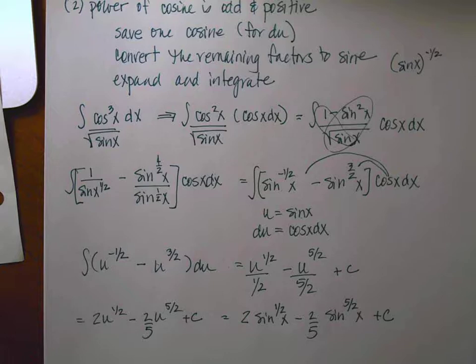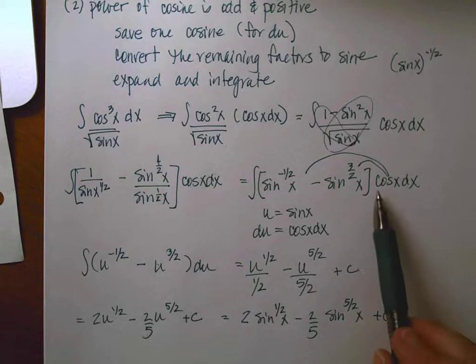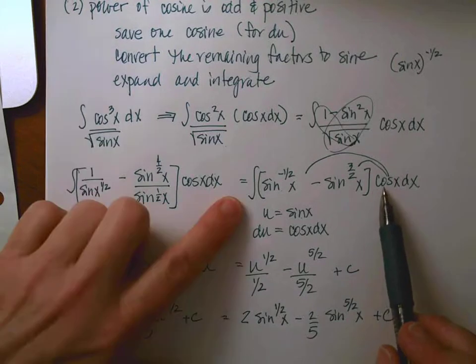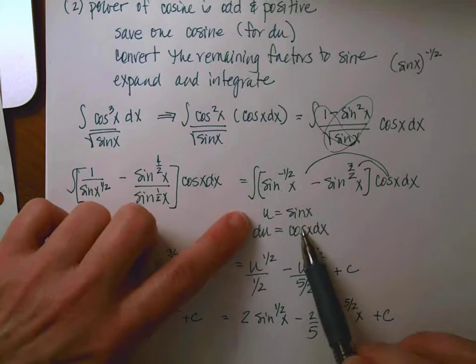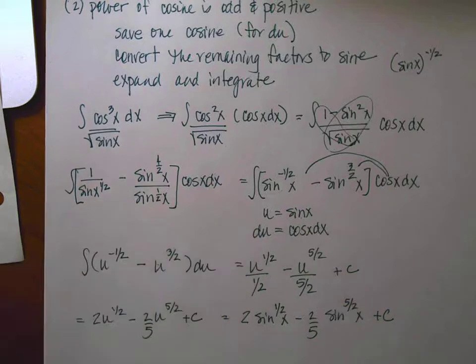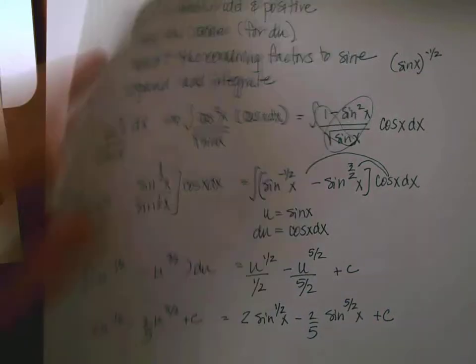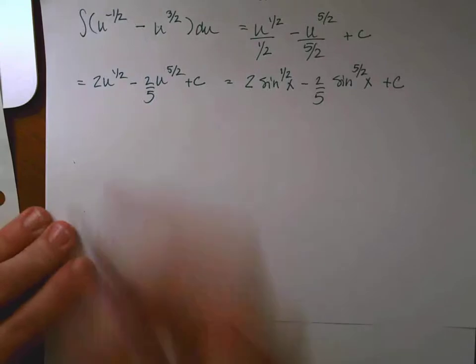And then, of course, I can't forget my c because it is an indefinite integral. Alrighty, so that one wasn't horrible. If this is a difficult thing to see, don't skip that step. Then rewrite your integral, splitting it up into two, and then you can see your u and your du in each individual integral.